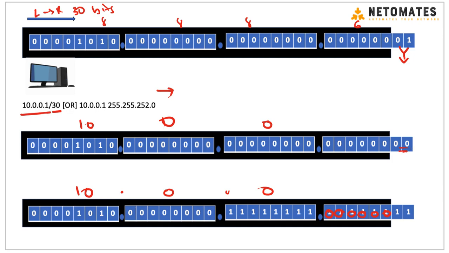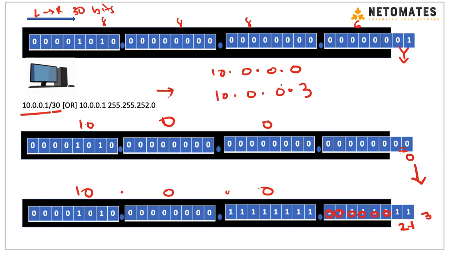So to get the lowest value, you will put zeros and it will be 0. For the highest value you can put all ones. So in these 2 bits you can put ones. So this value is 1, this value is 2. So total 3. So the range of this IP address space starts from 10.0.0.0 and it will go all the way to 10.0.0.3.